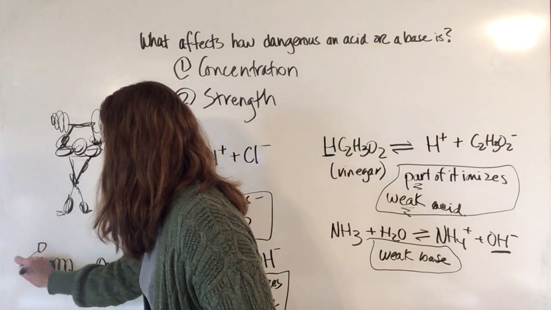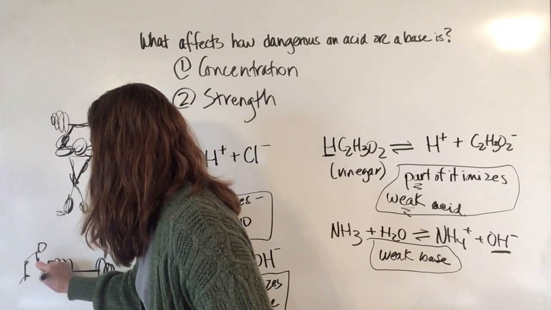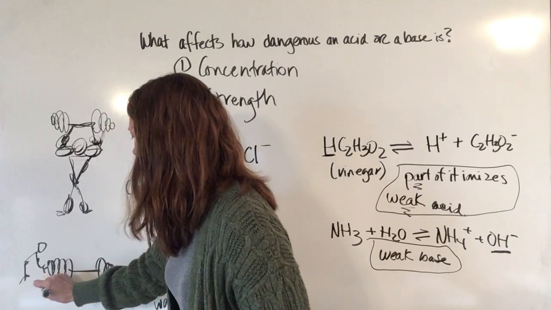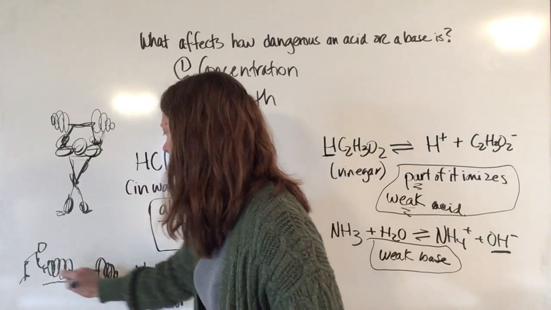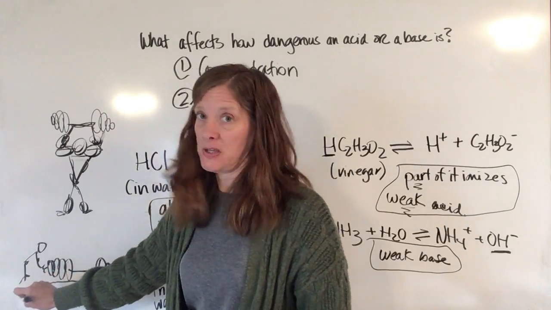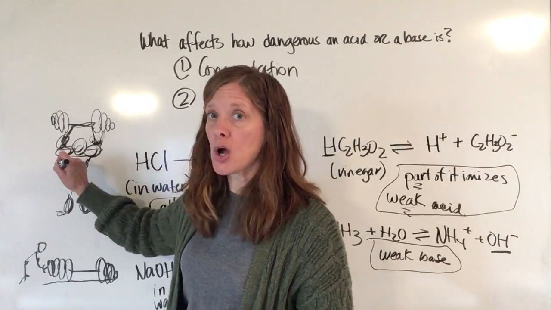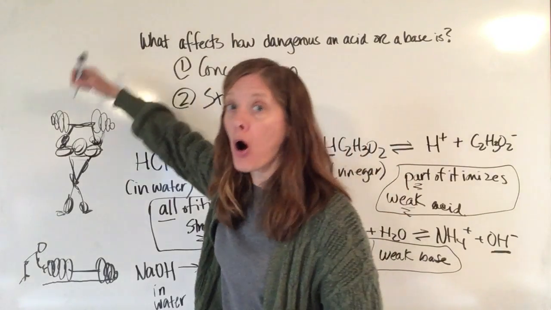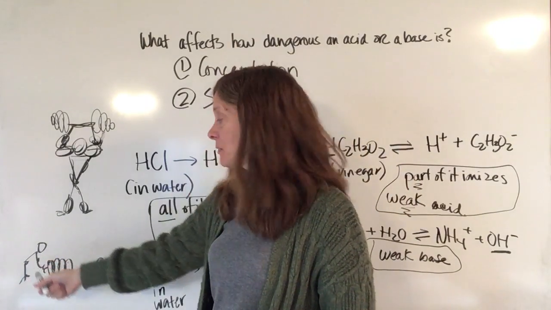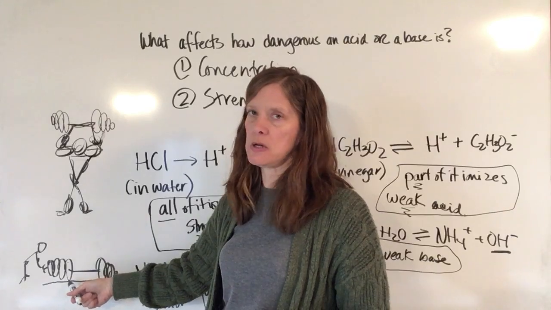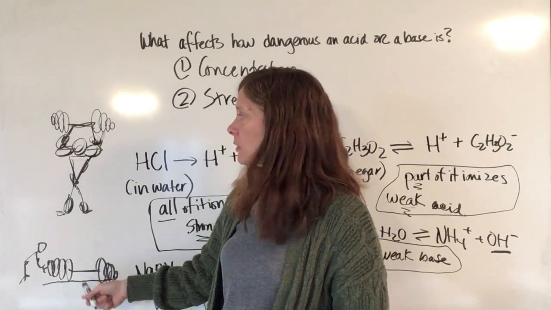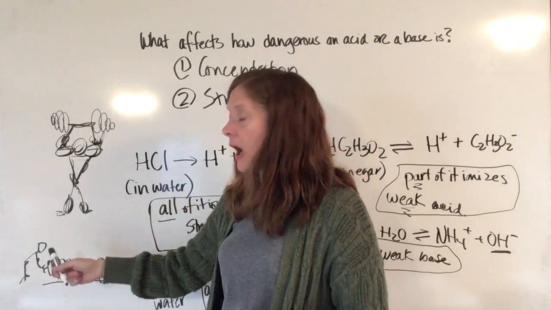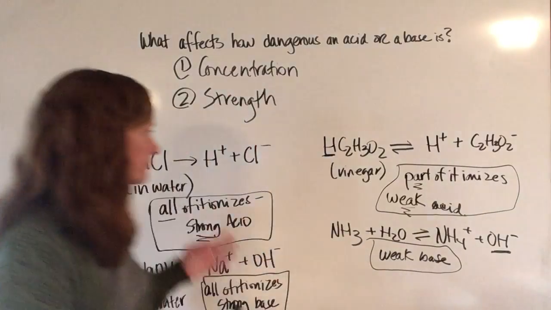I'm just going to barely be able to lift this thing up off the floor. I might lift up maybe one end, but not the other end, because they are strong and I am weak, and they're going to lift up all of it. I'm weak. I'm going to lift up just part of it. I won't even be able to get the thing off the floor. Okay? So they lift it all. I'm weak. I lift part of it.